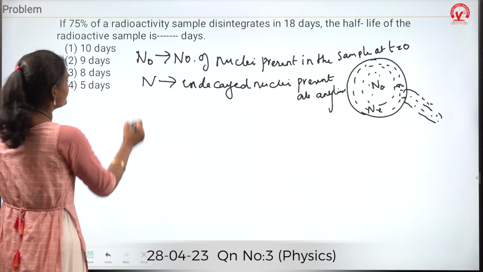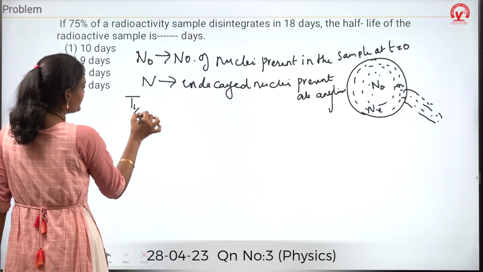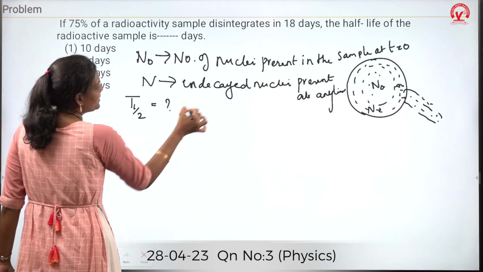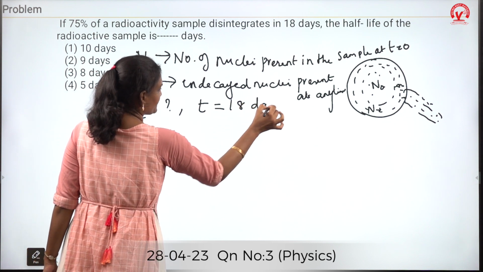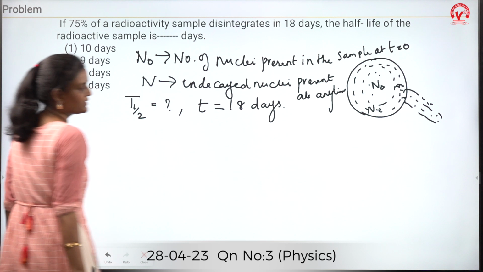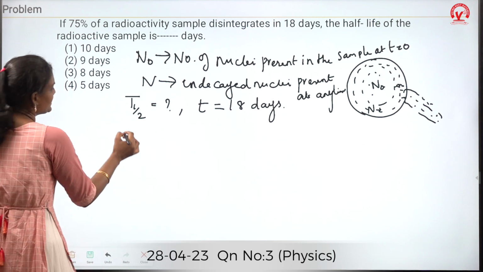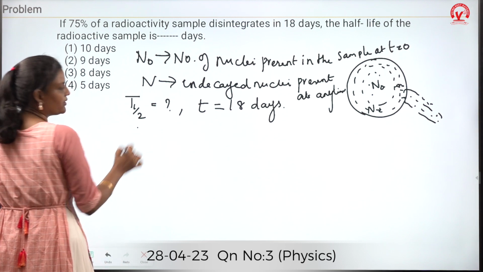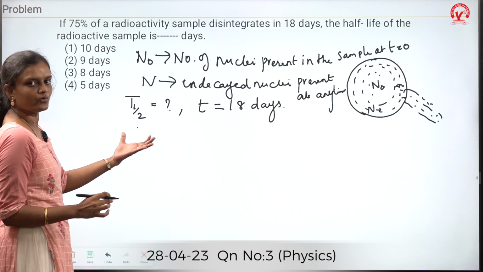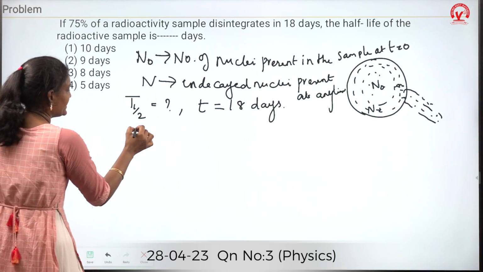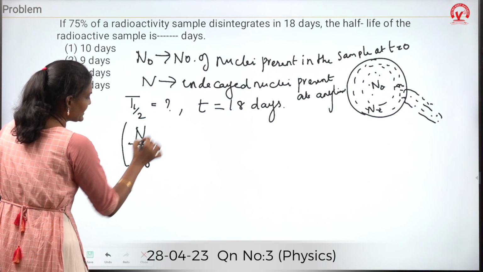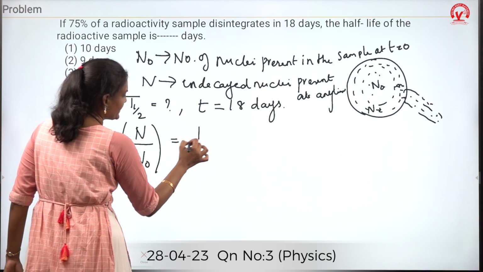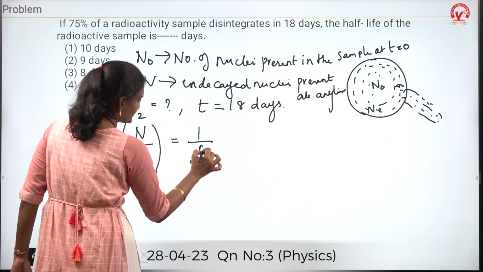Now we need to calculate the half-life. T 1/2 we don't know, and T is given as 18 days. The formula to find the number of half-lives when the nuclei decay is N divided by N0 equals 1 divided by 2 power n.